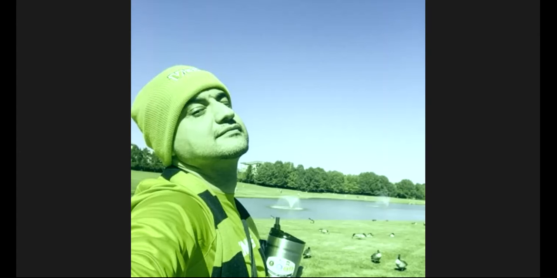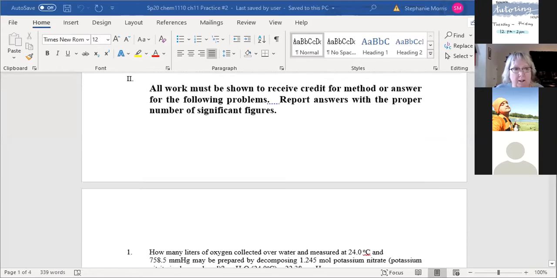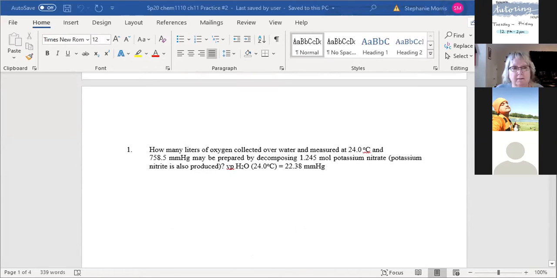Okay, I'm gonna share the screen to read the problem to everybody, and then I'll set it up, okay? Let me just find it. Let's see which one it is. It's this one. You said this one, right? How many liters of oxygen collected over water and measured at a temperature?